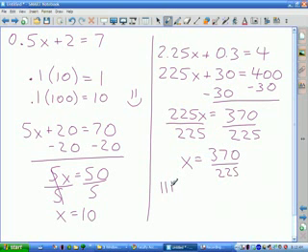Each one of these is 20, so there's 60, and then how many times will 5 go into 70? Okay, so what's the total up here? How many times will 5 go into 370? 24? Okay. How many times will 5 go into 225? Okay. There we go. I think that's reduced. Okay. Any questions?